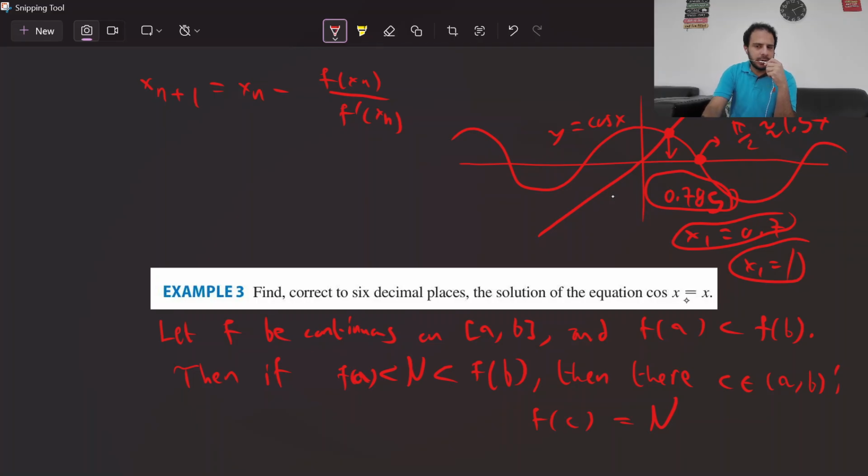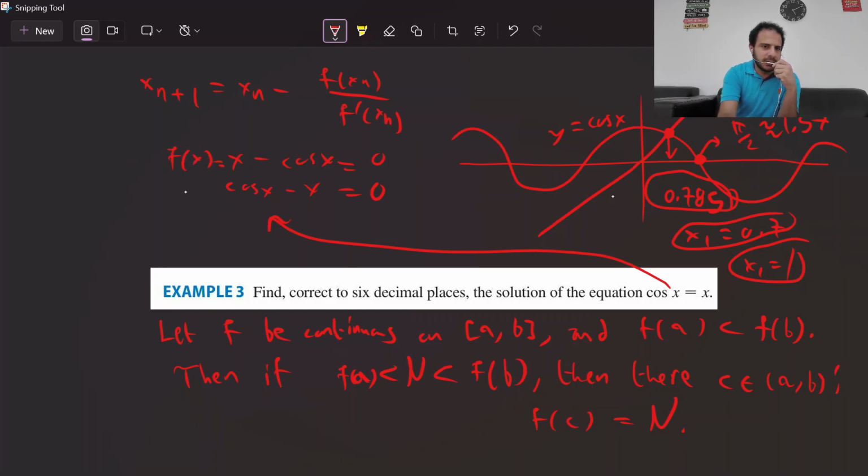Now what's the function here in our example? See the equation, cosine x equals x. I can take it as x minus cosine x, or cosine x minus x, equals 0. So the function f(x) equals this, or f(x) equals this. You decide. Me, I want x minus cosine x, but if you want the other one, as you like.